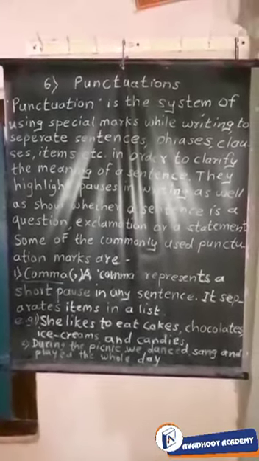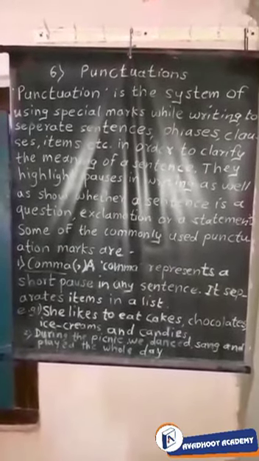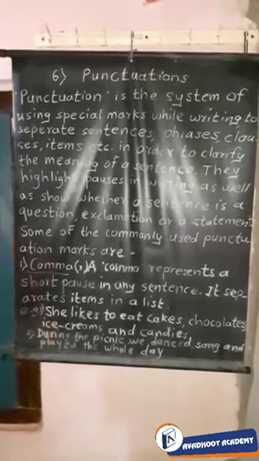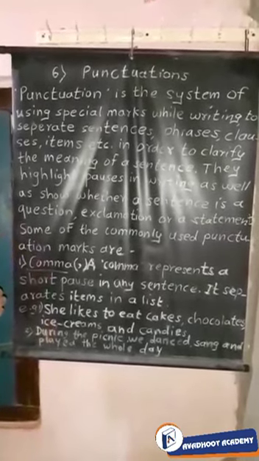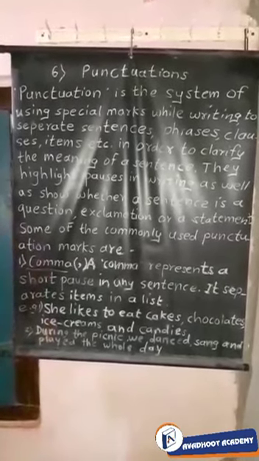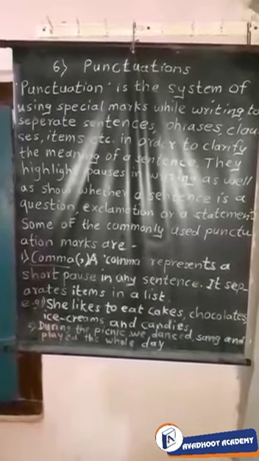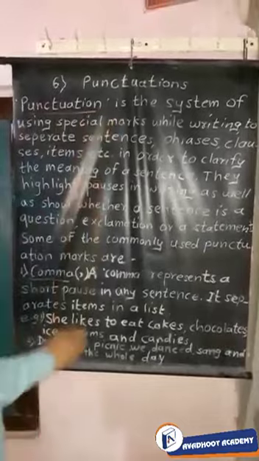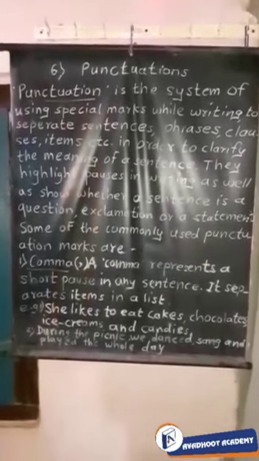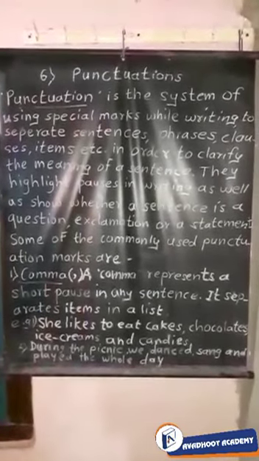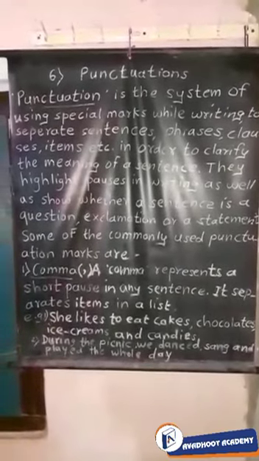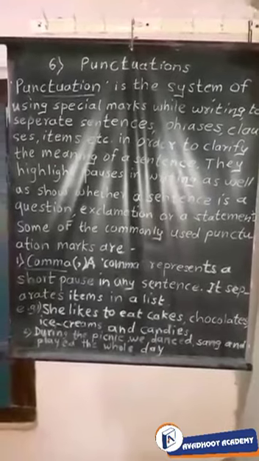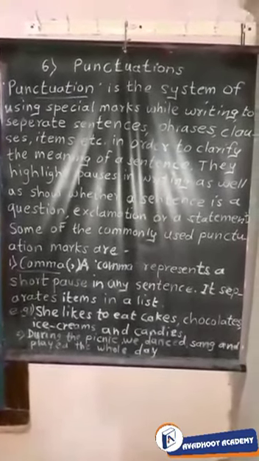For assertive and imperative sentences we use a full stop at the end, we use an exclamation mark in exclamatory sentences, and a question mark in interrogative sentences. So punctuation marks are very important, such as comma, full stop, exclamation mark, question mark, apostrophe, dash, slash, and so on.